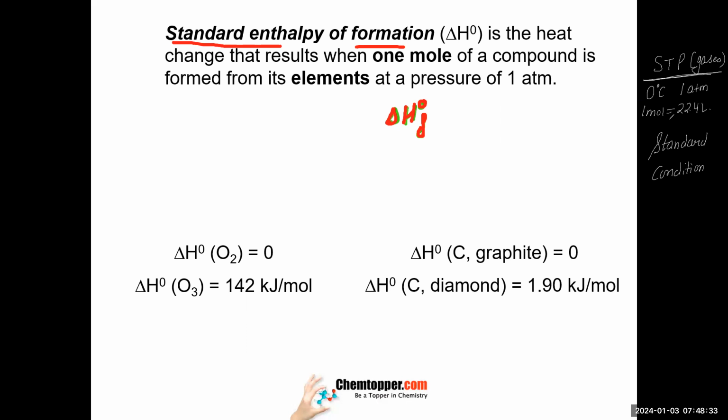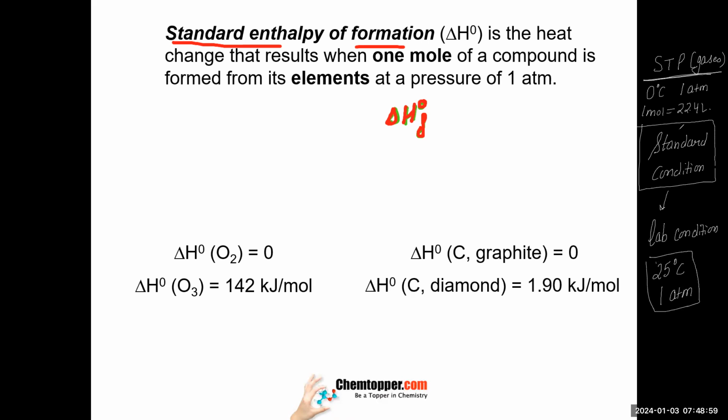This is STP condition. But these are standard conditions. These are the lab conditions. When we are performing an experiment, generally we keep the conditions standard. And what is that? 25 degrees Celsius, room temperature. Yes, very good. And 1 atm.